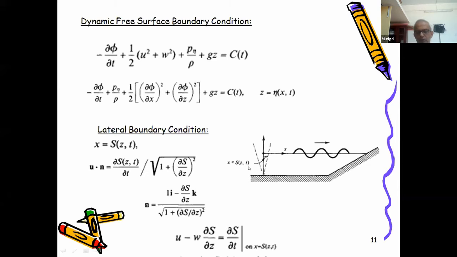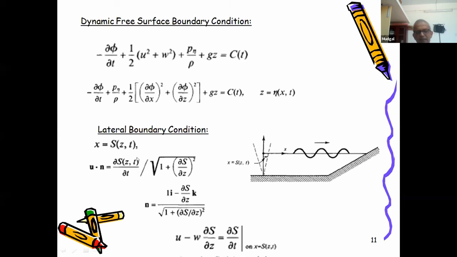So here we will be applying the lateral boundary condition for the wave maker, that means for the paddle. So for the paddle, what is the equation? The equation is x is equal to s of z, t. So this s of z, t is nothing but the displacement of the paddle with respect to the initial position.